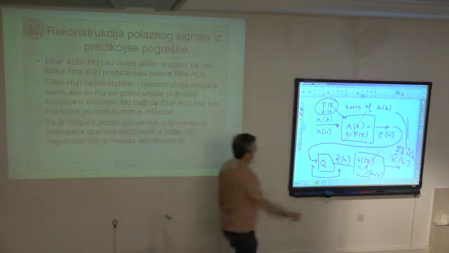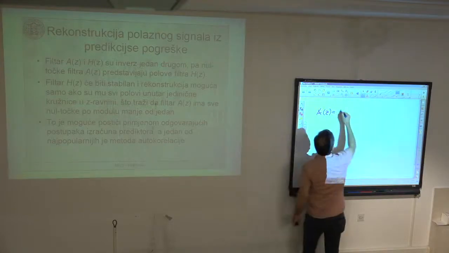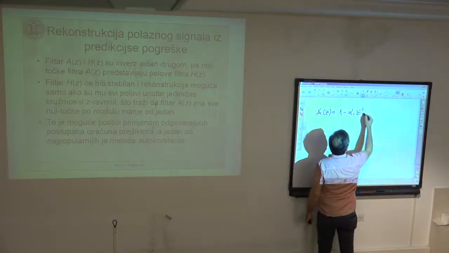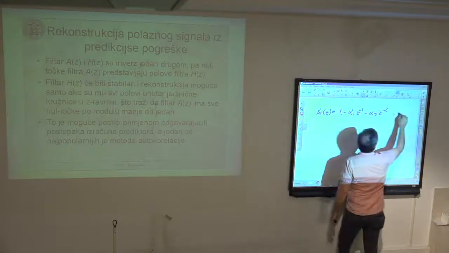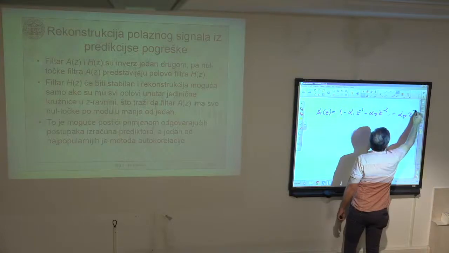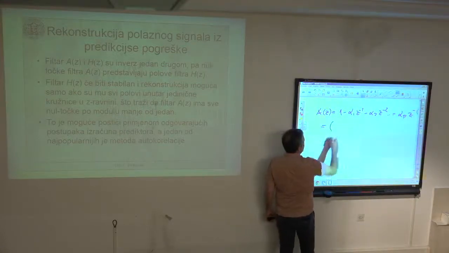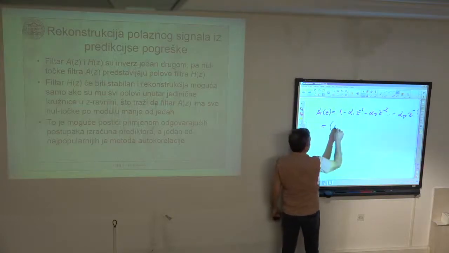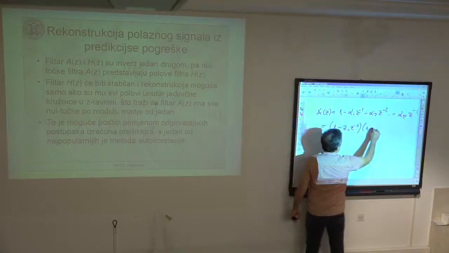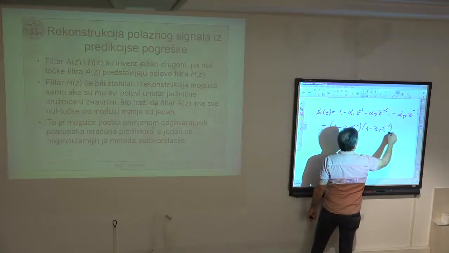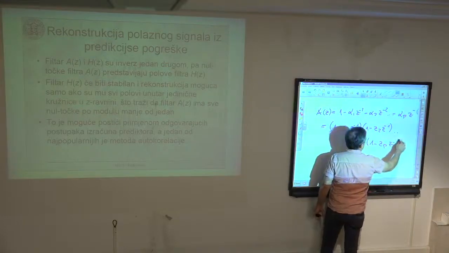So I can also rewrite this transfer function A of z, which is simply 1 minus alpha 1 z to the minus 1 minus alpha 2 z to the minus 2, up to minus alpha p z to the minus p. I can express this transfer function as a product of root factors: 1 minus z1 z to the minus 1, 1 minus z2 z to the minus 1, and so on up to 1 minus zp z to the minus 1.